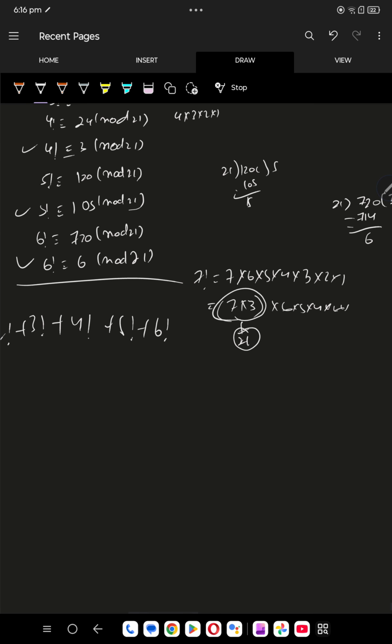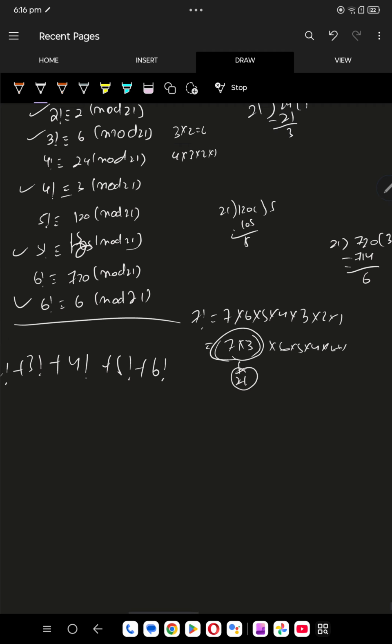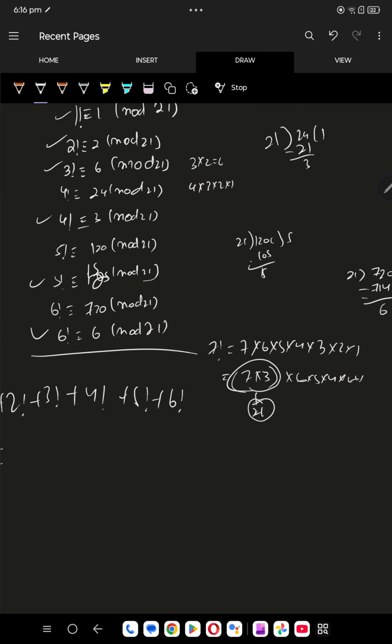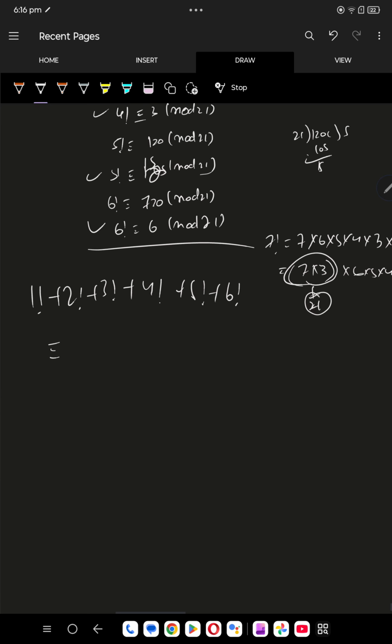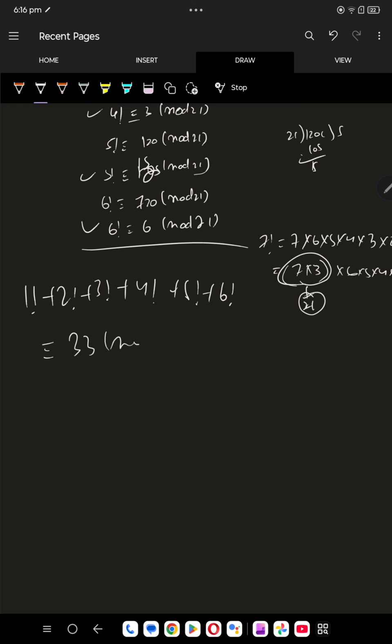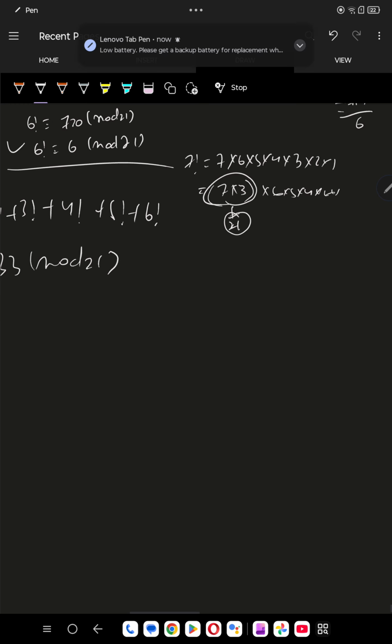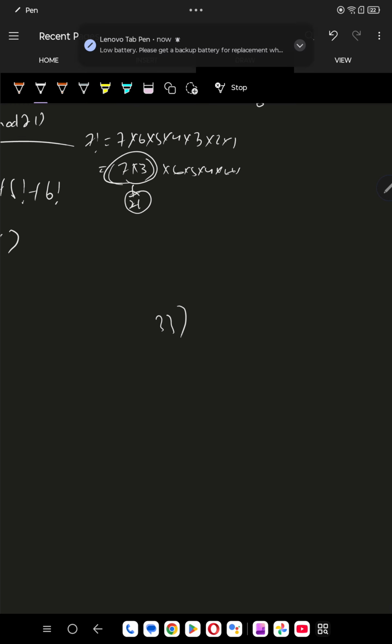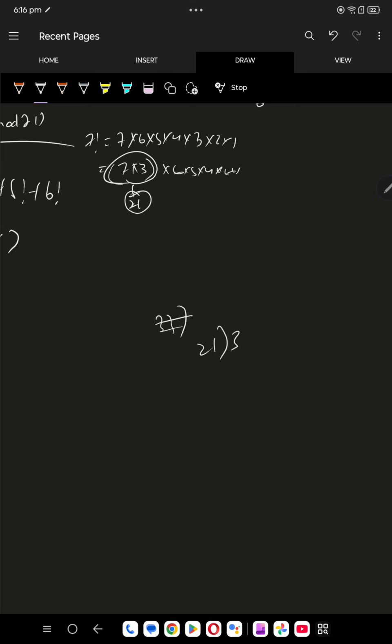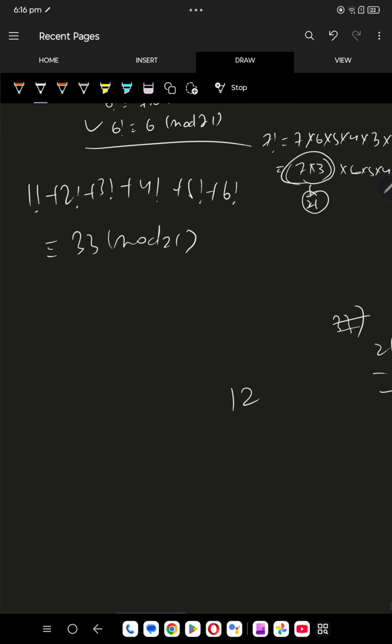This is 15, not 105. Sorry. So 1 plus 2 plus 6 plus 3 plus 15 plus 6 is congruent to 33 mod 21. But again, 33 is greater than 21. So like this we can write 21 plus 12. So that time we get congruent to 12 mod 21. So 12 is the remainder.